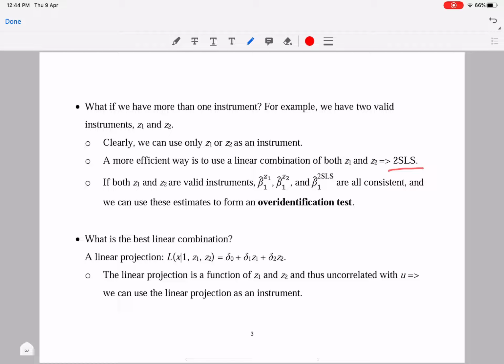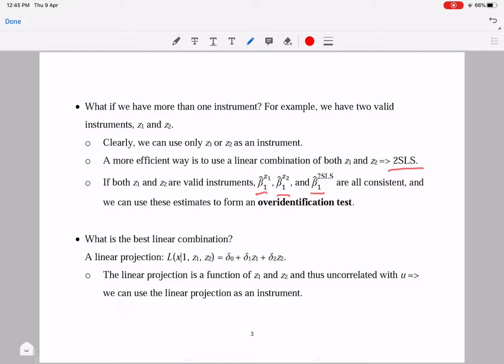If both z1 and z2 are valid instruments, the IV estimator using z1 as instrument, the IV estimator using z2 as instrument, and the two-stage least squares estimator that uses both z1 and z2 are all consistent.